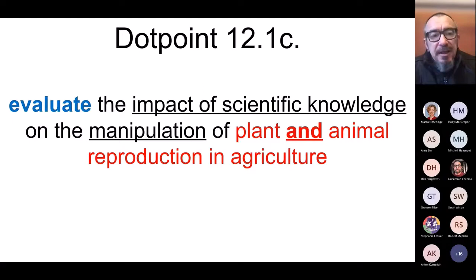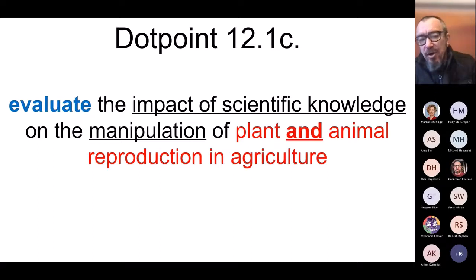But in this particular dot point, what I want to draw your attention to is that historically, I used to spend a lot of time looking at the specific technologies, the pros and the cons of the technologies. But in recent times, as we review our teaching programs, you'll note that what you're actually evaluating in this case is the impact of scientific knowledge on the manipulation of these technologies.